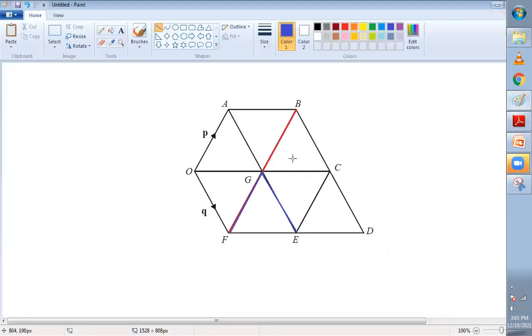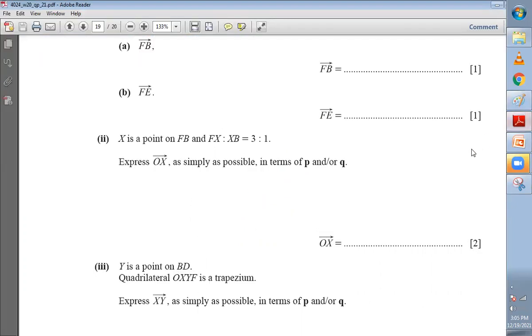So let me show you. He says that X is a point, and let me take it as green. So he said FB, the ratio he gave you, let me show you the ratio. He says FX is 3 and XB is 1. So FB has been divided into 4 parts.